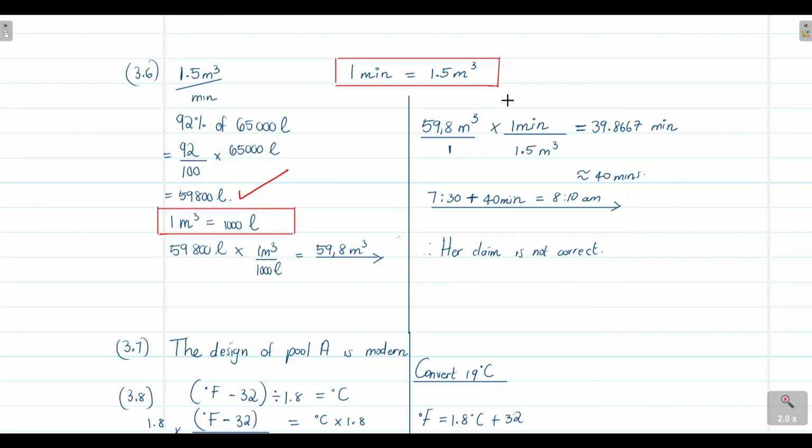Okay, so by dividing by 1.5, you will get your mark there. Okay, you'll get another mark for saying it takes approximately 40 minutes for us to fill up the pool to 92% of its capacity, right? You'll get another mark for saying 8:10 a.m. and you get a final mark for saying her claim is not correct. Okay, so that question is out of 5 marks.